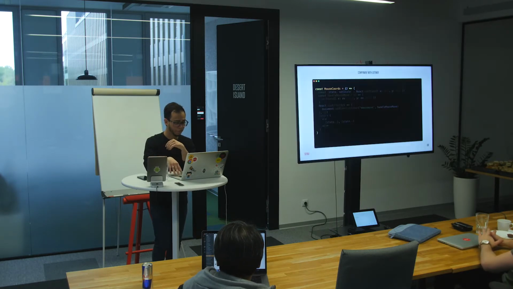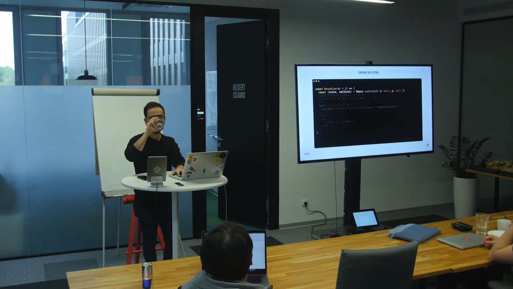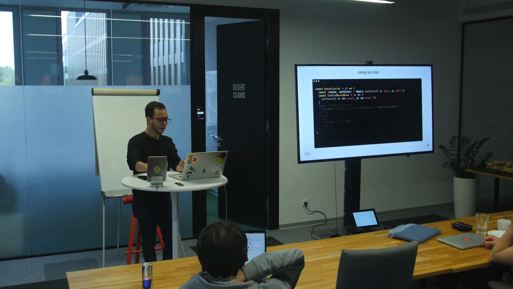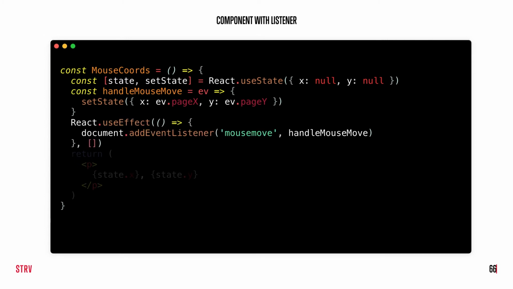So for example, let's say we have a component here called mouse coords, and we are using React useState. Here we have a handler that's gonna call our setState and assign some coordinates to it. To do this, we use React useEffect, and this function is gonna run only once because we have the second argument, which is the empty array there.